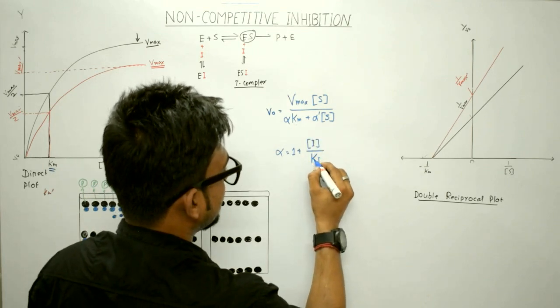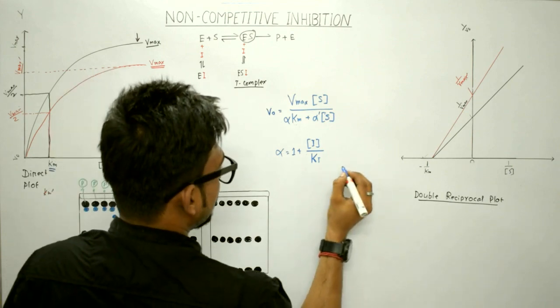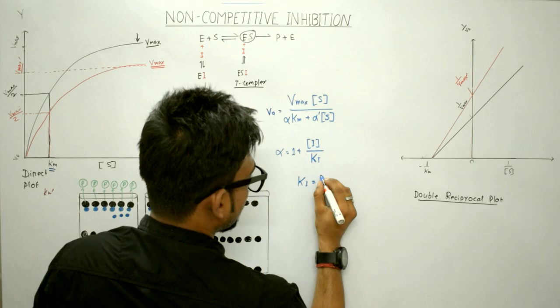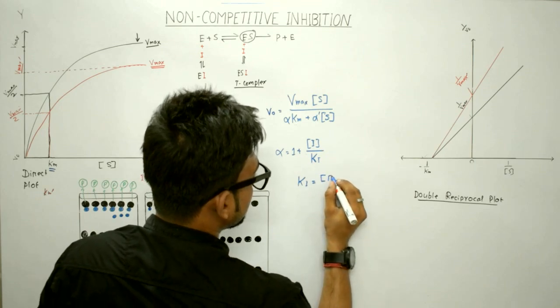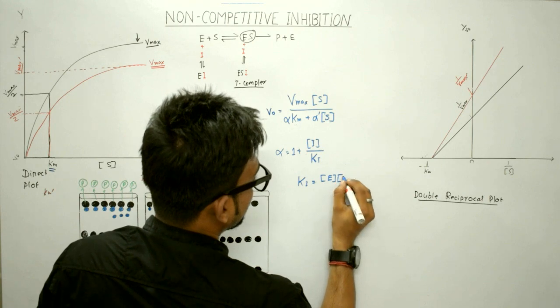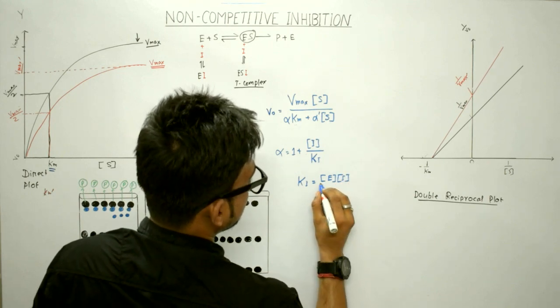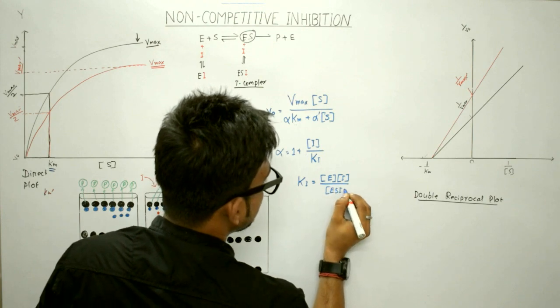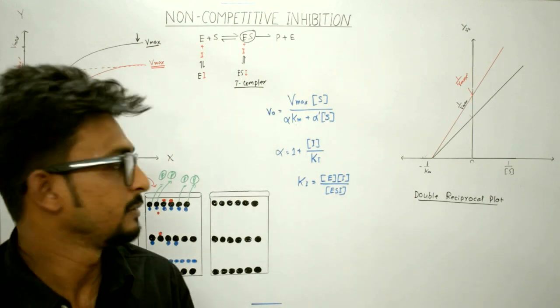Okay, Ki. Now Ki is equal to the enzyme inhibitor concentration divided by the enzyme substrate inhibitor complex. Okay, so let me check it once.